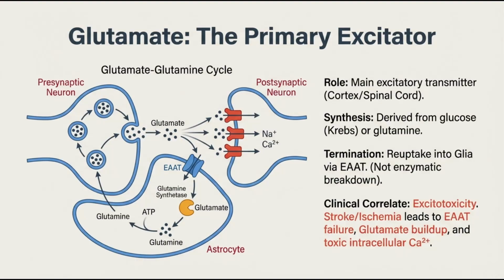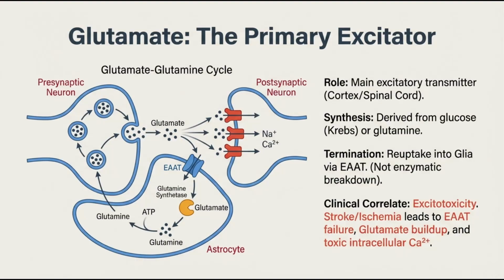So what is the astrocyte actually doing? It's not just structural support, is it? Oh, far from it. It's the housekeeper. It handles the cleanup. See, glutamate is potent stuff. It's toxic in high concentrations. You do not want it lingering in the synaptic cleft. So the astrocyte sucks it up. But here's the key point. Unlike other transmitters, we don't just break it down in the cleft. And the neuron itself isn't the primary one doing the reuptake.